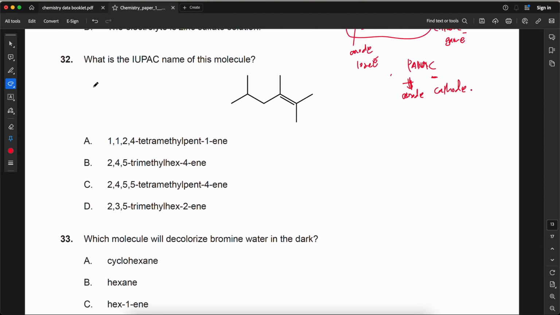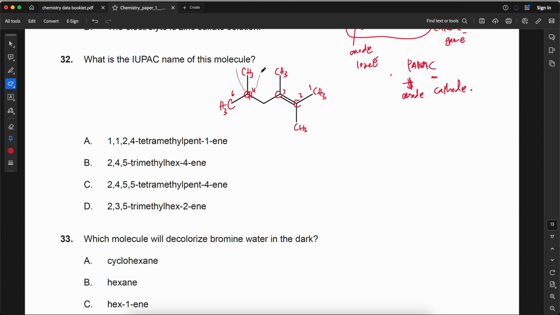What is the IUPAC name of this molecule? Okay, so this will be CH3, this would be CH, this would be CH3, CH3, CH3, and this would be C, and this would be C as well. If we calculate the longest chain, that would be 1, 2, 3, 4, 6.